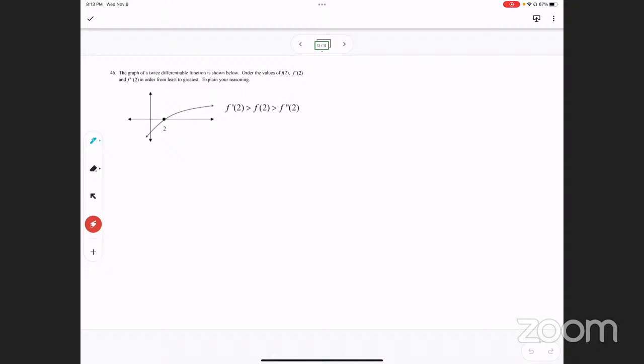So this is f of x, right? That's f of x. So we can see f of x equals 0, or f of 2 equals 0. Now we know that f prime at 2 is the slope of the tangent line.